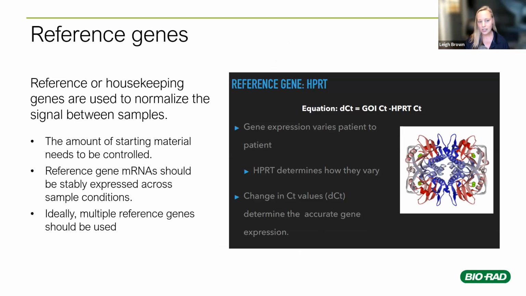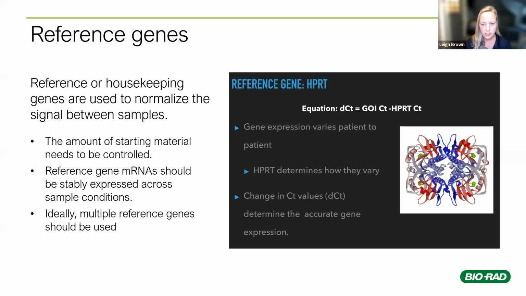In a perfect world, you're going to be able to use multiple reference genes. And I know in our CFX thermocyclers, you can get different plates that have reference genes on them, and it will tell you which one to use. You can run those as your control along with your samples, and it will tell you which reference genes are best to use.